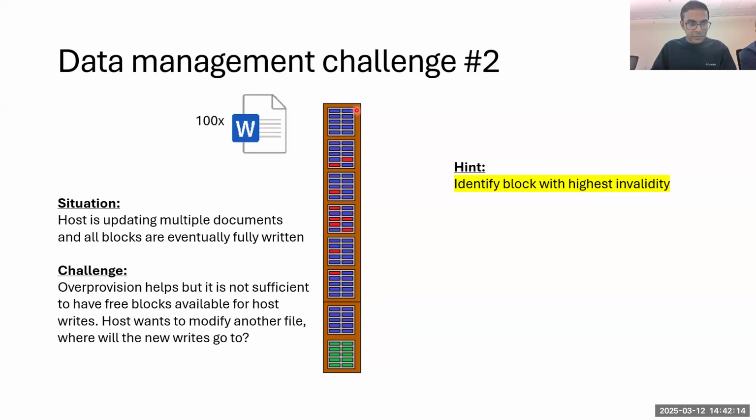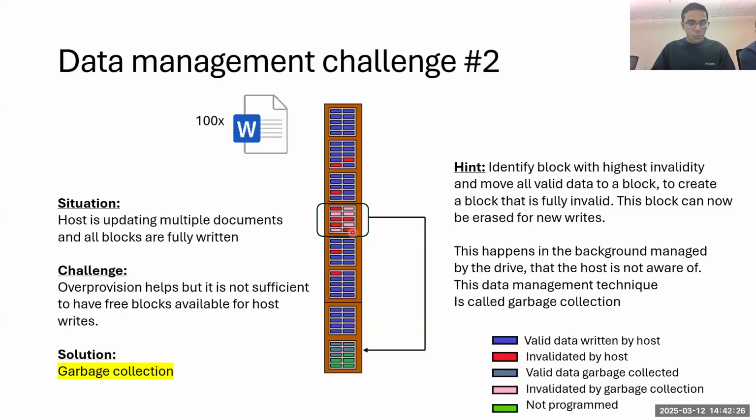For example, this block here is fully valid and this one has, let's say, 2 pages of invalid data. The trick here is to identify a block. Let's say in this case, this is the block that has the highest invalidity. What we would do is move all of the valid data to a different location in the solid state drive.